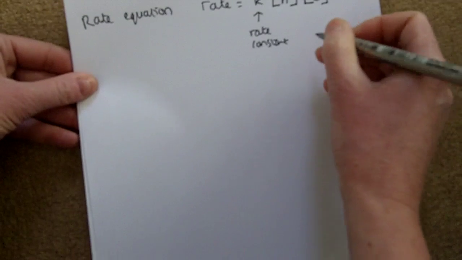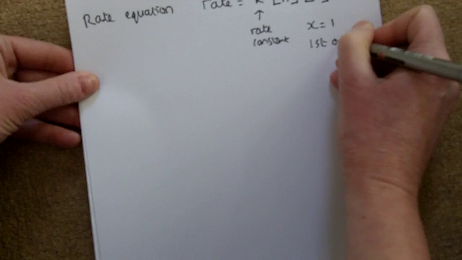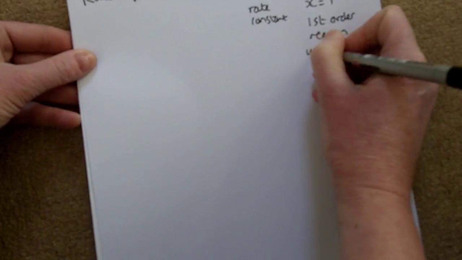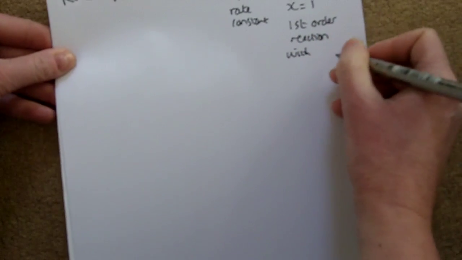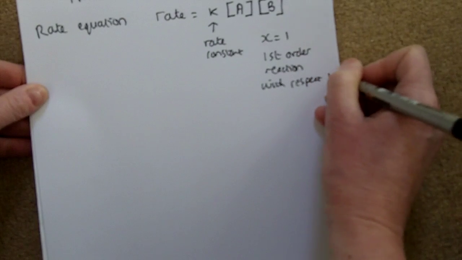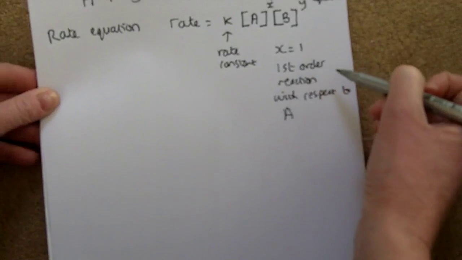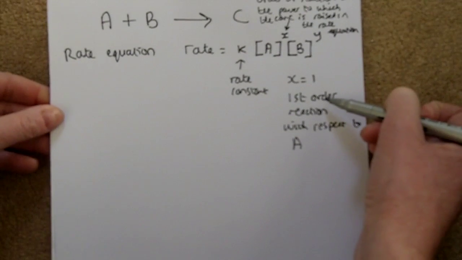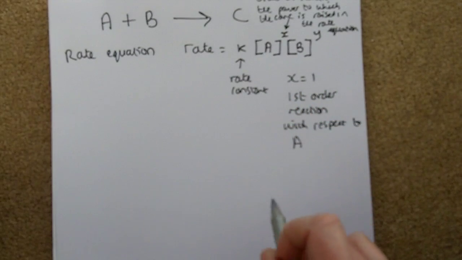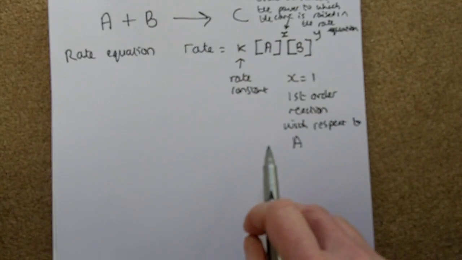So if x equals 1, we would say that is a first order reaction with respect to A, whatever chemical A is. If x is 2, we say that is a second order reaction. It's just the power to which the concentration is raised in the rate equation.